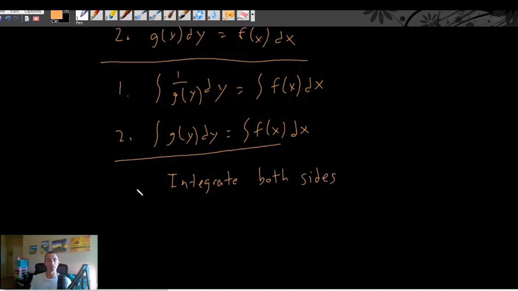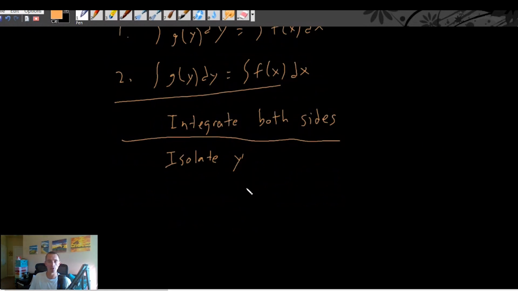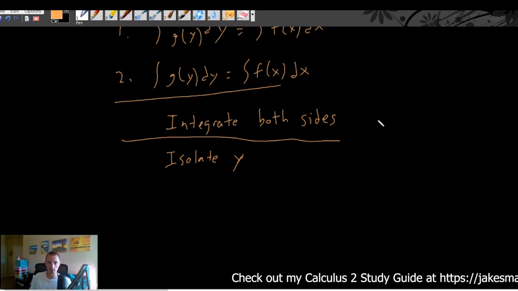And then once you've actually taken the integral of both sides of your equation, then you would isolate y, or in other words, solve for y. So then after this point, you should just have y equals some function of x. And then if you were also given an initial condition to deal with, you would solve for your unknown constant that was introduced in this step right here.